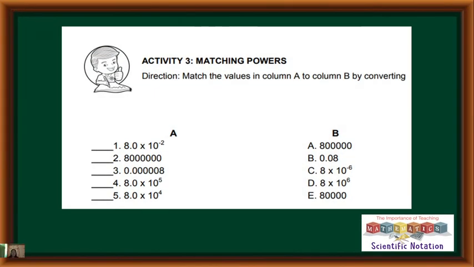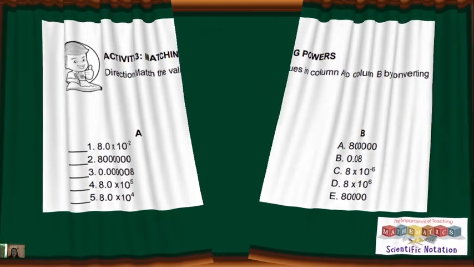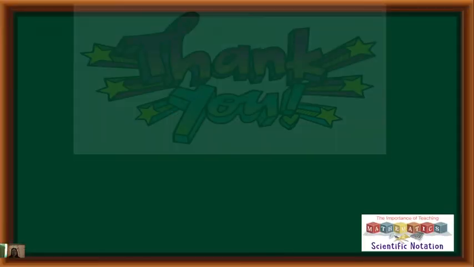And for the last activity, matching powers, match the values in column A to column B by converting. Let's say in column A, number 1, you could convert this to decimal notation. The choices are located in column B. So we have decimal notation, convert that to scientific notation, and others. So we have 3 activities in week number 9.